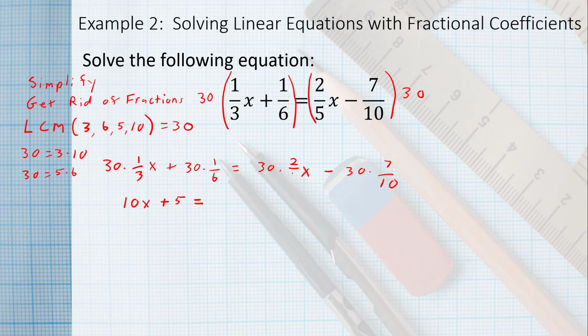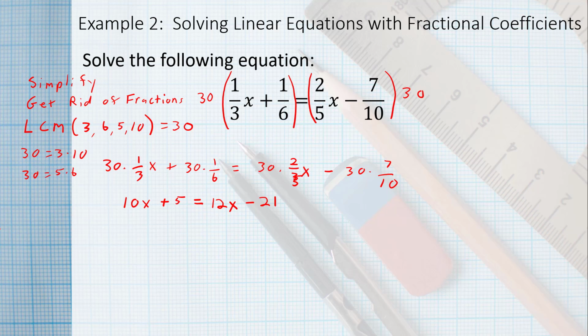There we go, much better. 30 times 2 is 60, divided by 5 is 12. So over here we have 12x. And then 30 times 7 is 210, divided by 10 is 21. So this will be minus 21. So now we have it simplified.